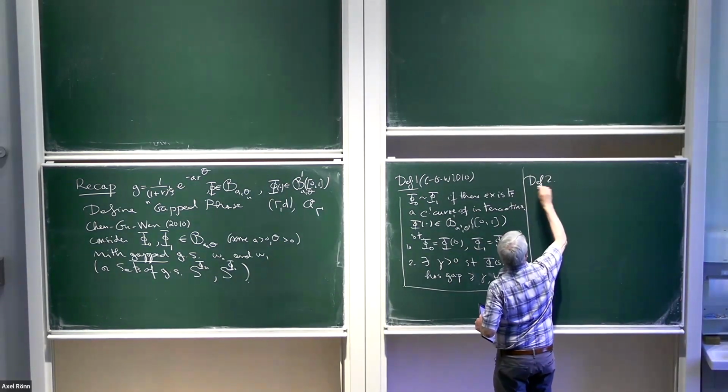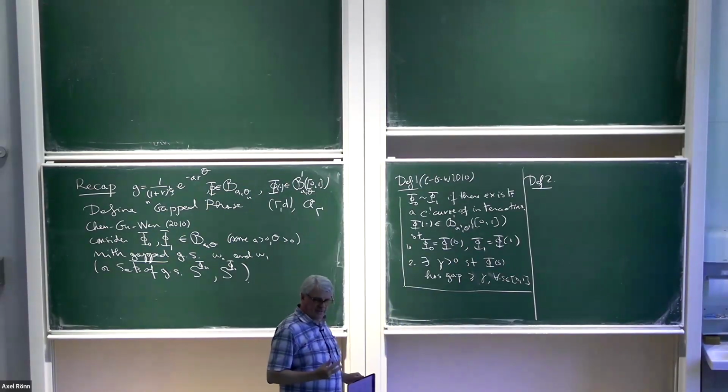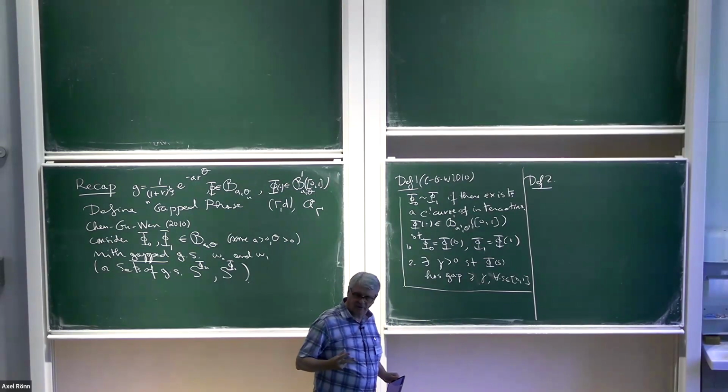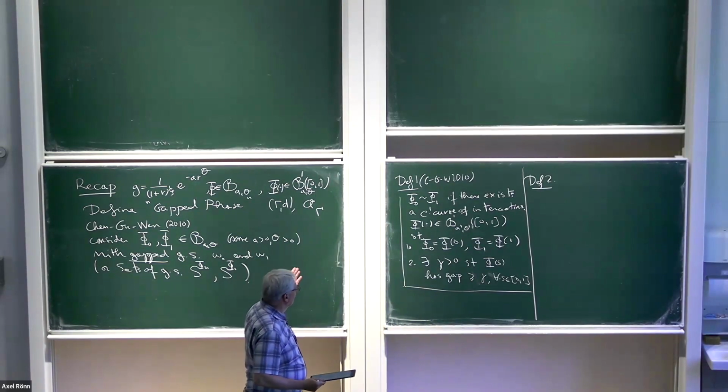Why not just have continuous curves? You could definitely define an equivalence relation with continuous curves, and it would be perfectly fine as an equivalence relation.